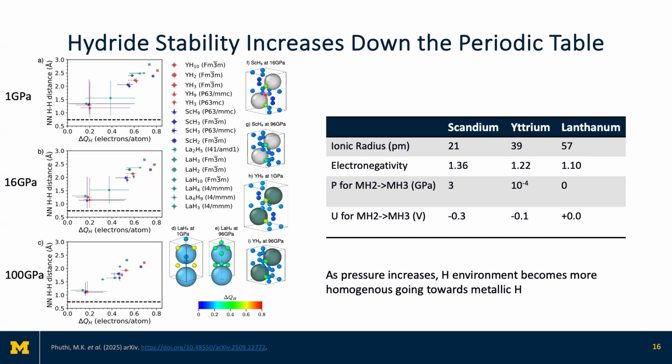So pressure plays a big role in making sure you approach this metallic hydrogen state, even though the electrochemical potential may stabilize a higher hydride, the metallic nature is determined mostly by pressure. So this is again just to show that it's easier to form hydrides with lanthanum over yttrium over scandium.